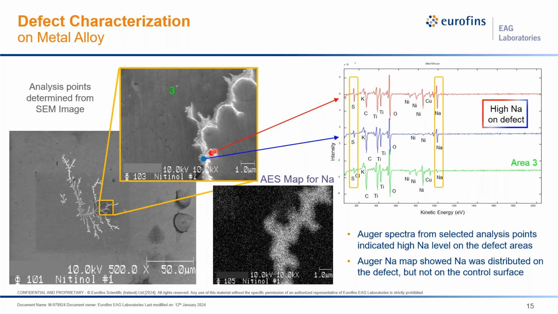In this case, we can see the 2 areas on this dendrite feature had high levels of sodium compared to a region off the dendrite. Auger can also produce chemical maps, so we can see in this map of sodium that the sodium is all over that feature and not in the outlying area.